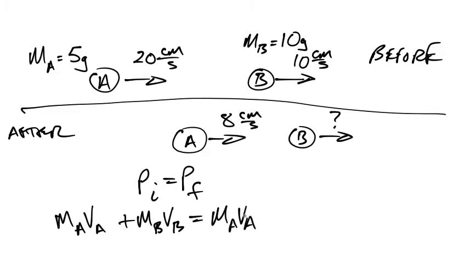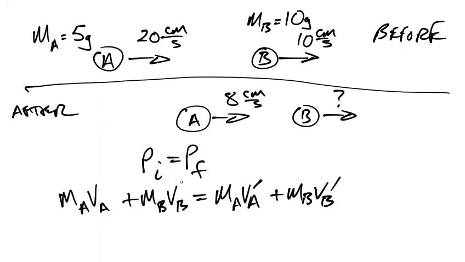Now, I'm not going to use double subscripts. So in order to denote final velocities, I'm going to use a prime, which is that tick there, plus MB VB prime.